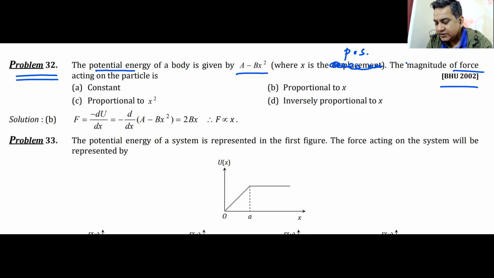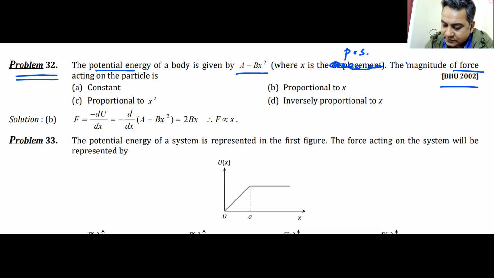How will you find out force from potential energy? Try it. It's a straightforward question. No idea?